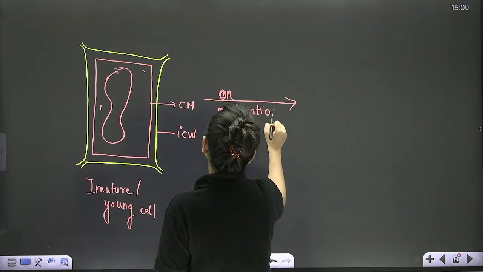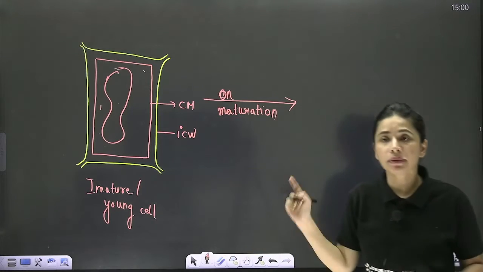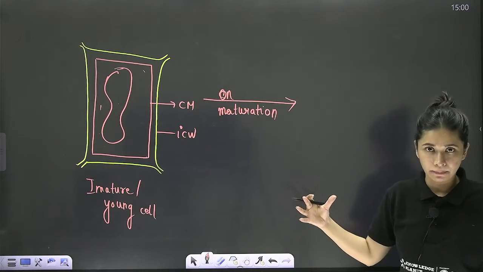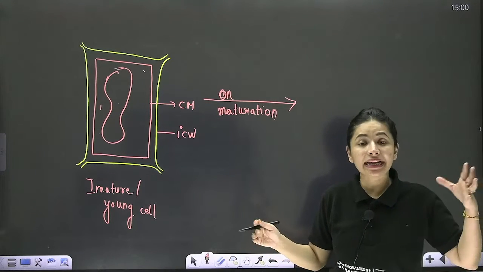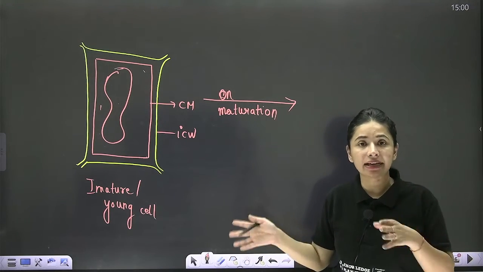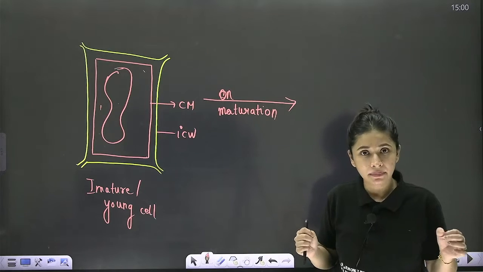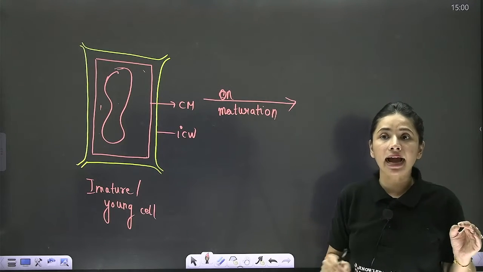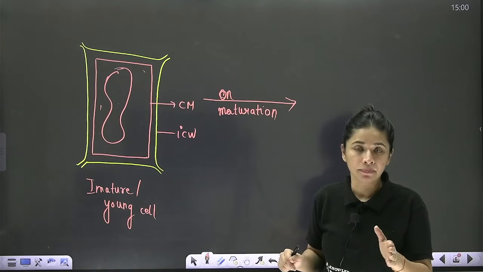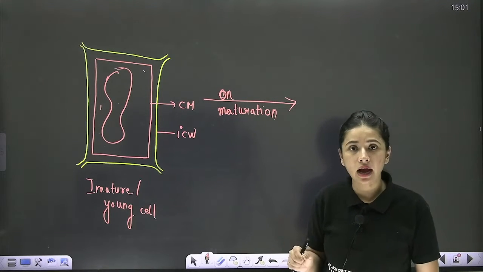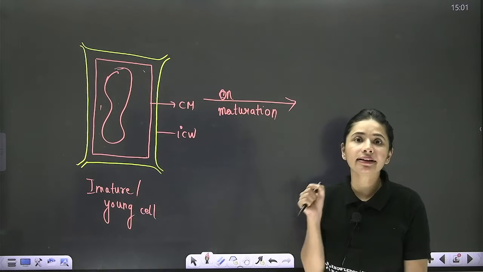On maturation, basically this primary cell wall expands. Now, because of the expansion of primary cell wall, there is a gap created between it and the plasma membrane. And now in that gap, there is the deposition of new layers. And these new layers are known as secondary cell wall.